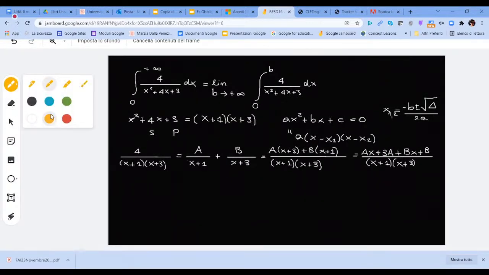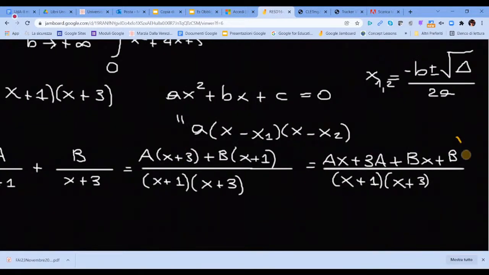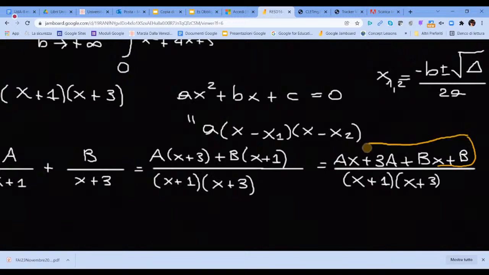That means this numerator 4 should be exactly this expression.